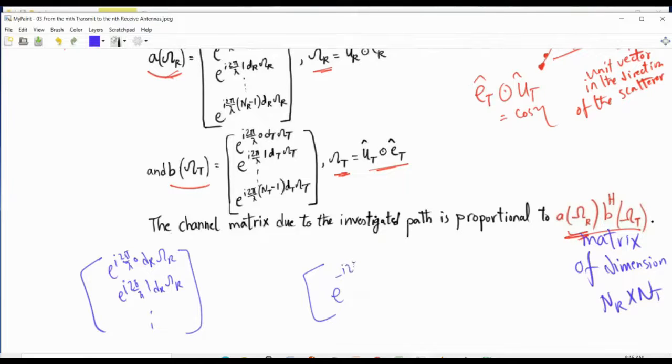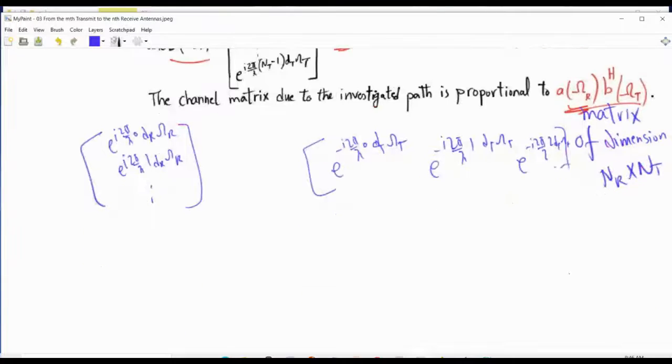So this will be e to the minus i 2 pi over lambda times 0 d_t omega_t, e to the minus i 2 pi over lambda times 1 d_t omega_t, and e to the minus i 2 pi over lambda times 2 d_t omega_t, and then you multiply. When you multiply, you get a matrix. The first element will be 1. The second element will be e to the minus i 2 pi over lambda times 1 d_t omega_t.